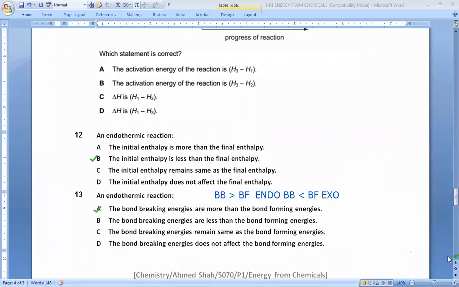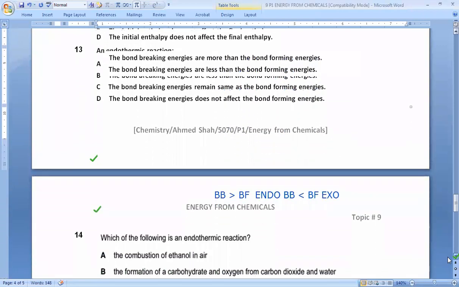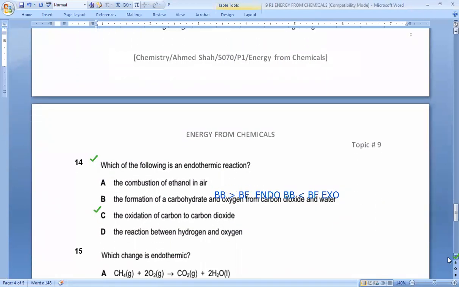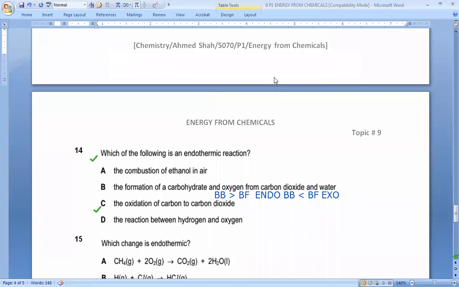Question number 14. Which of the following is an endothermic reaction? Combustion means exo.